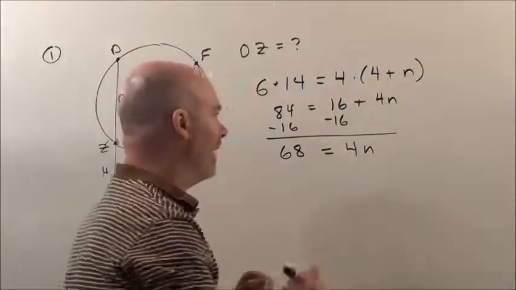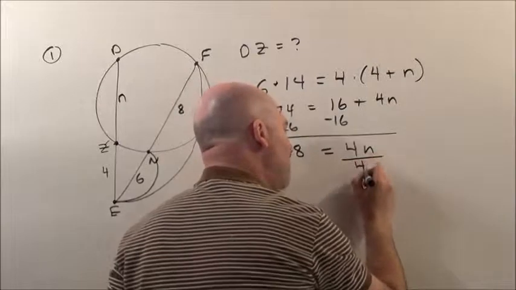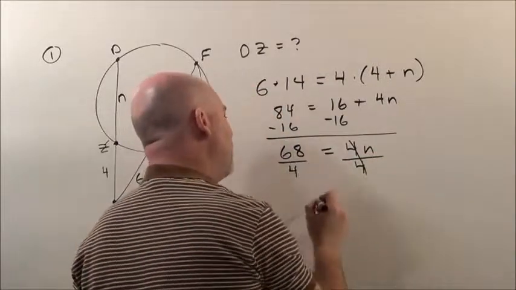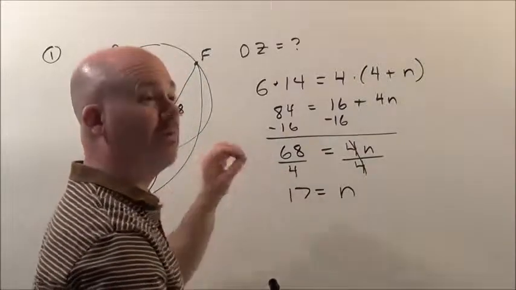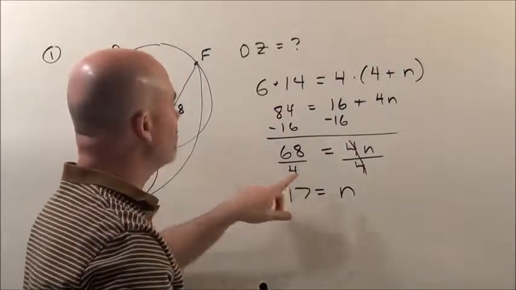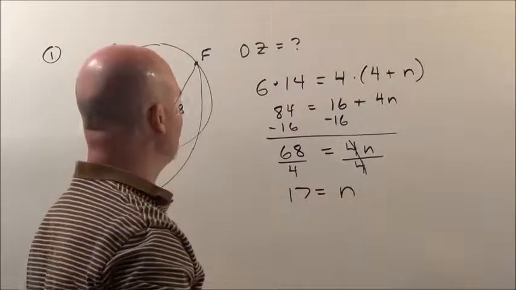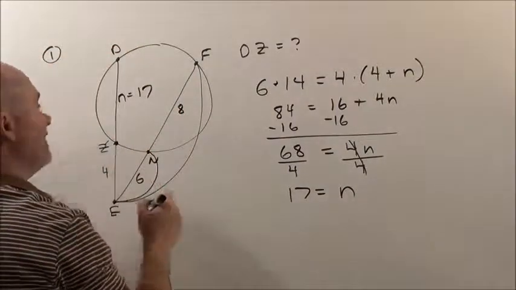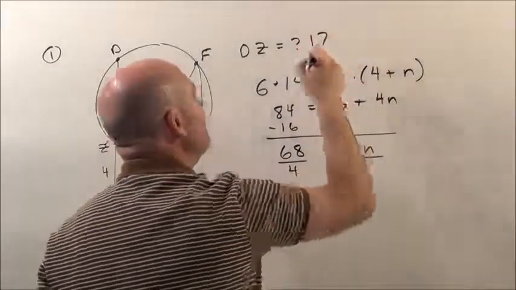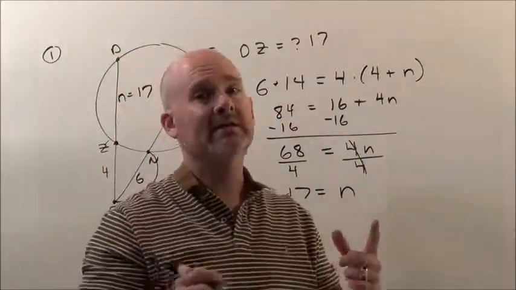You can do it however you like. I'm going to divide by 4, divide by 4. That's going to give me 17, I believe, because I know 4 goes into 40 10 times. 4 into 28 is 7, so it's going to be 17 there. So I know this missing length, n, is 17, which is what DZ is. So DZ is 17. It's that simple.